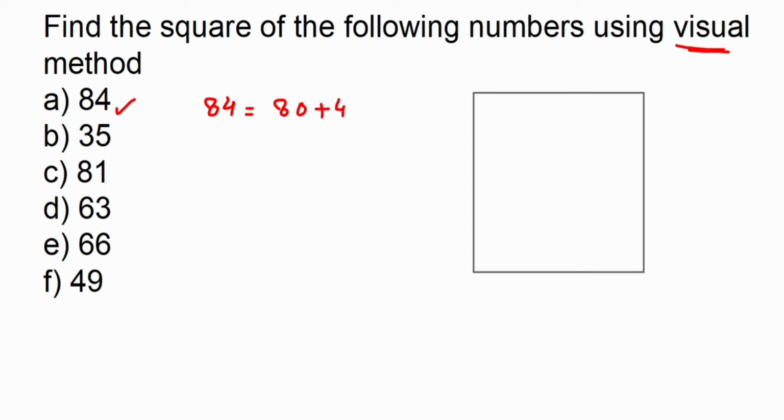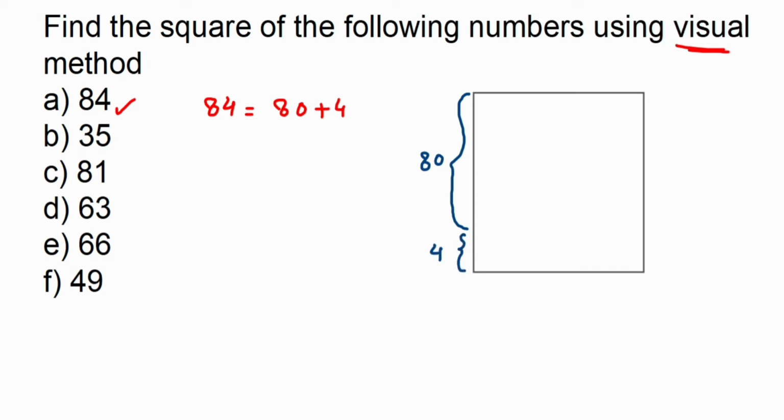Now what we're supposed to do is divide this square into 4 parts. Assume that the entire side of this square is 84. Instead of writing the entire side as 84, I'm going to take from here to here, only this part, as 80, and from here to here it is 4.